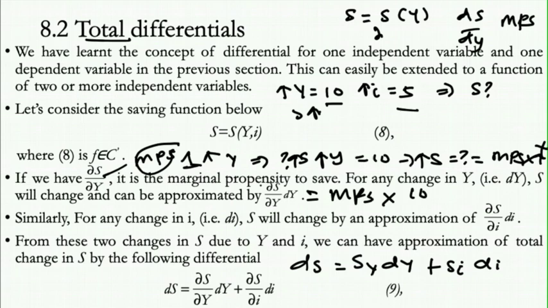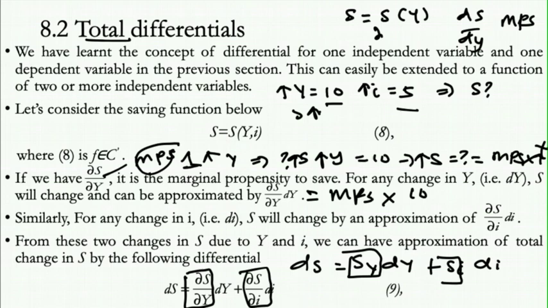If you look at this term, it is similar to this; it's just another way to write partial differentiation. And S_y and S_i are just the converters that convert the changes dY and dI, respectively, into the corresponding change in dS. When you sum both of them, you get what we call the total differential.